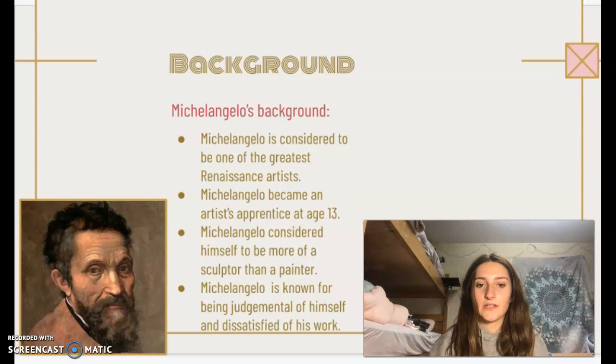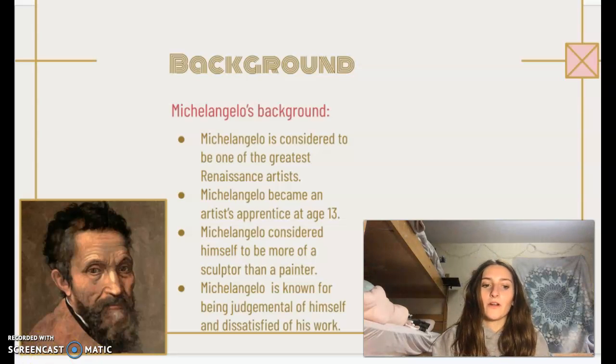He would write letters during his time working on the Sistine Chapel. He famously wrote, "I am not a painter." So basically just reminding people that sculpting is his thing. He doesn't like painting. Why am I painting the Sistine Chapel? It doesn't look good. He was very, very negative about it all. And he is known for being dissatisfied and his volatile moods.